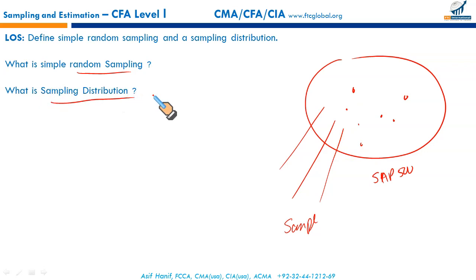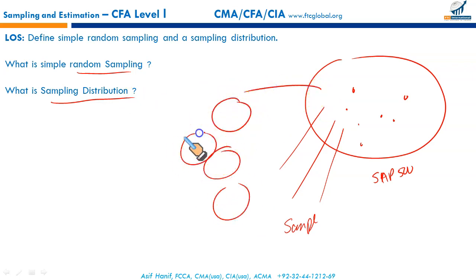Then what is sampling distribution? Sampling distribution refers to the distribution of a sample statistic. So basically, if we draw many samples from this population, all the possible outcomes of the samples, then we calculate the sample mean for this sample, sample mean for this sample, and sample mean for this.